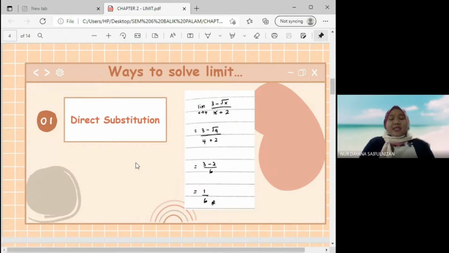At the first place, when we're talking about limits, we have to substitute the value of x into the function. So we substitute 4 into the x and we solve it and we will get the answer 1 over 6.